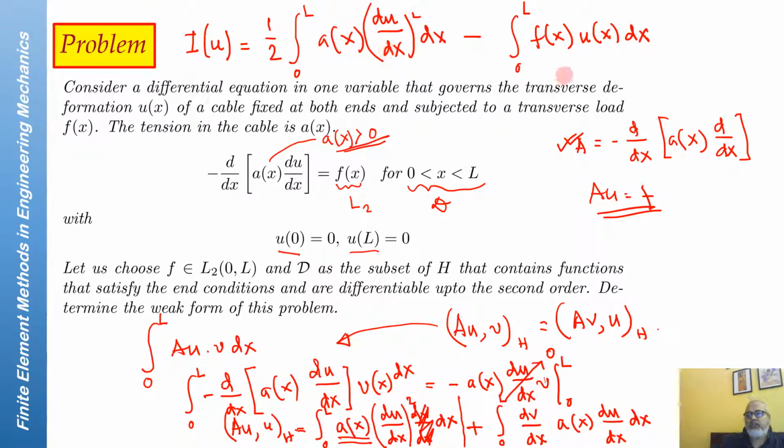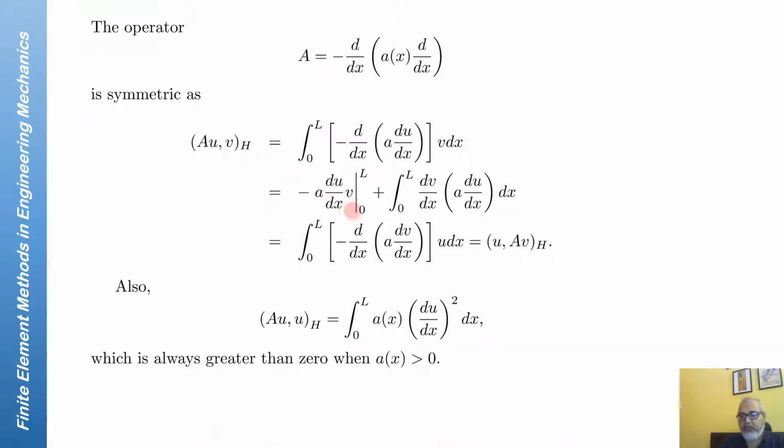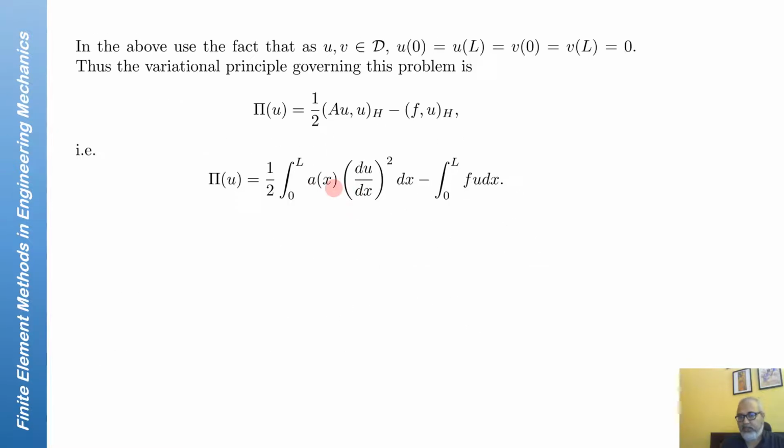So this would immediately be my variational principle. Minimizing this would be equivalent to solving this differential equation. So that's what I have done here, and this turns out to be my variational principle. Let us do another problem in the next installment.